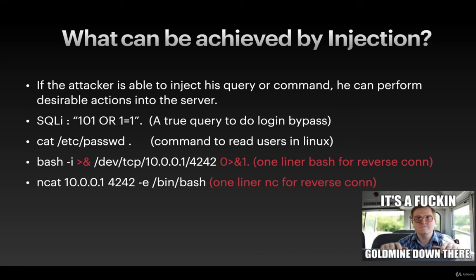Second, as we can see, cat /etc/passwd. This is the command to read the users file on a Linux system. Next, you can see a one-liner bash for a reverse connection, and the last one is again a one-liner netcat for a reverse connection. So basically, you can get a complete system shell by injection.